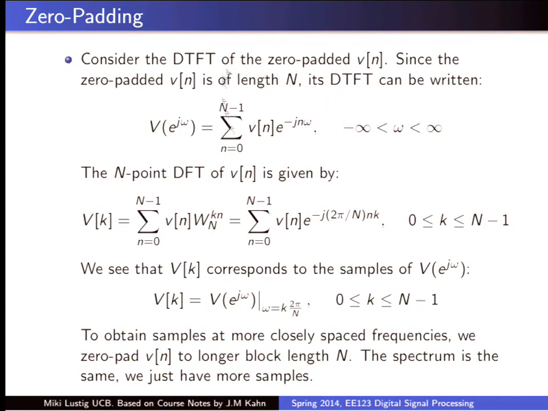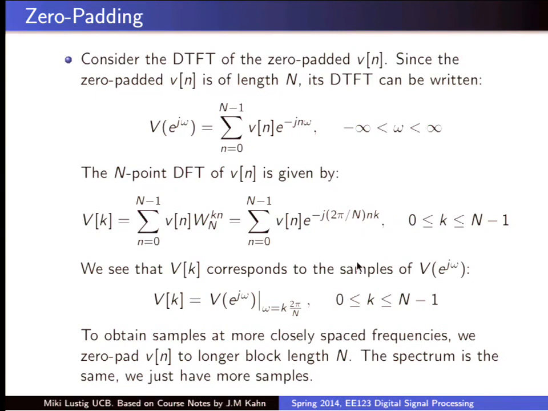What it does, though, is slightly different for the DFT, because what the DFT does is evaluate samples of the DTFT. So if I look at the n-point DFT, if I write it down, I can quickly show that this is in fact the same as e to the minus j 2 pi over n times nk.